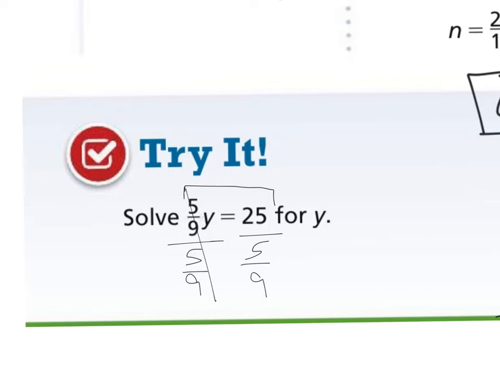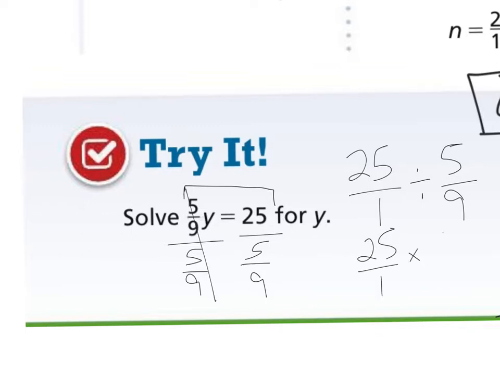So to solve this, we could do 25 divided by 5/9. When we do that, the 25 we could put over 1. Okay, and then for division we just talked about is keep, change, reciprocal. Good. So this is going to become 25 over 1 times 9/5.